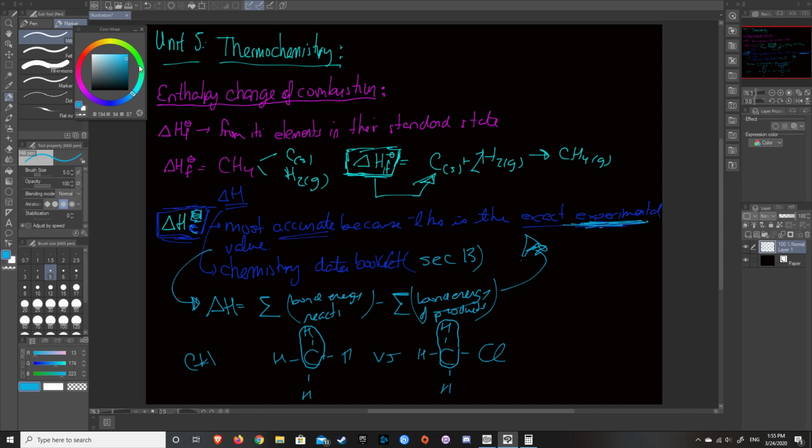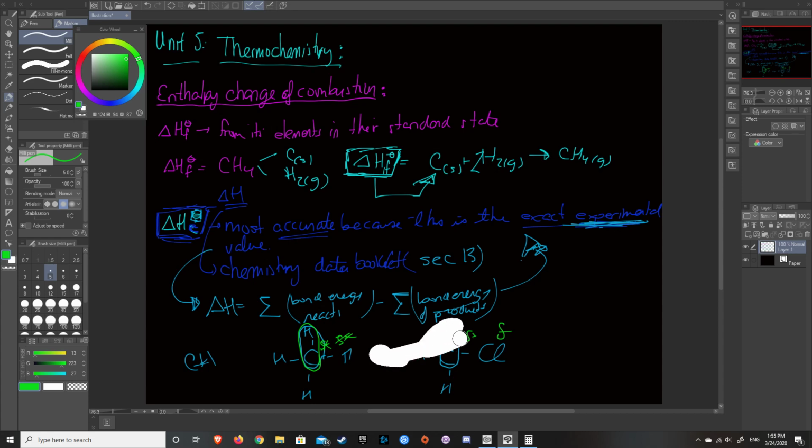In reality, we know that they're not the same. This one's got a strong delta negative and this one's got a delta positive, so that's going to have an effect on the bond strength. In this case we've got a carbon-hydrogen bond with no delta negative and no delta positive, so the electron distribution in the entire molecule is different.